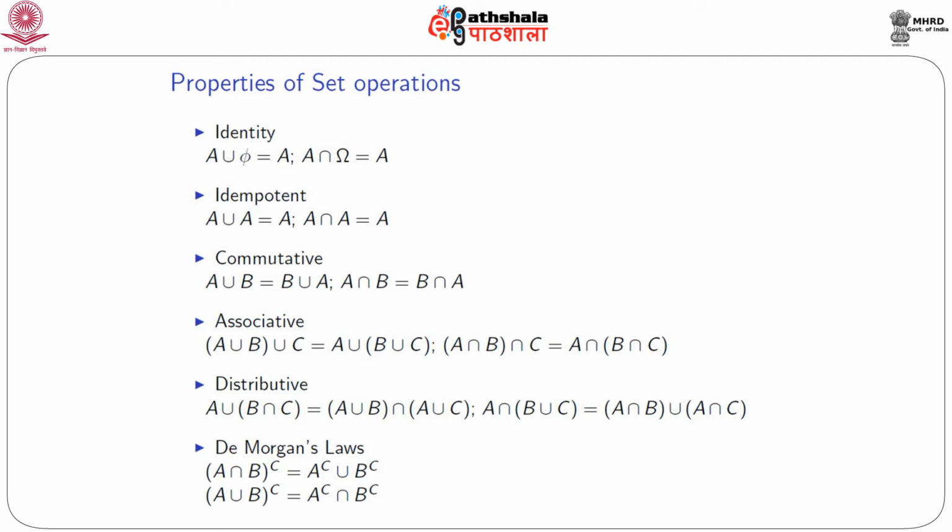Then we have the distributive property also. It says that once again I have three sets A, B and C. So, A union (B intersection C) is same as (A union B) intersection (A union C), whereas if I interchange the union and intersection, then A intersection (B union C) is same as (A intersection B) union (A intersection C).